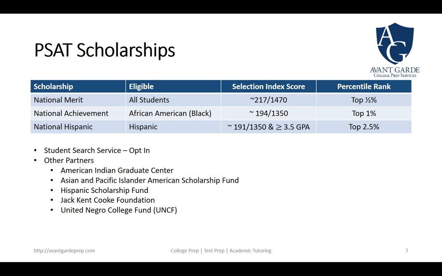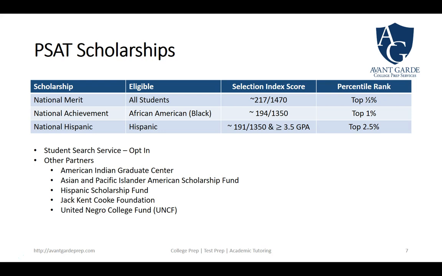Each state will have its own index score, and it can change ever so slightly year to year. Right now it's approximately 217. We're seeing a bit of a trend higher than that, but 217 will certainly give you a nice viable chance of being selected as a National Merit semifinalist, in which hopefully you'll progress to finalist from there.